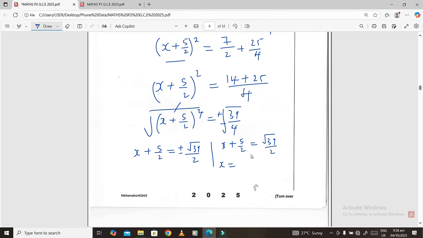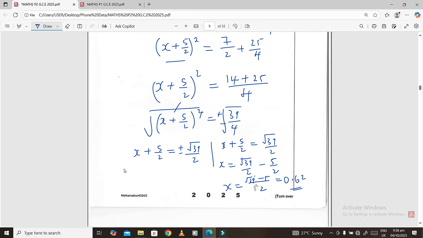So x is equal to square root of 39 over 2 minus 5 over 2. So x will simply be equal to square root of 39 minus 5, over 2. When we punch square root of 39 minus 5, this one is giving us 0.6. So one of the solutions is 0.62.